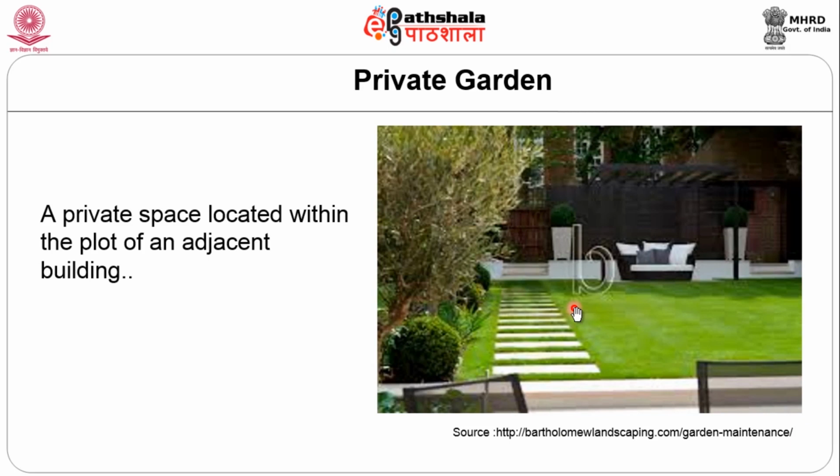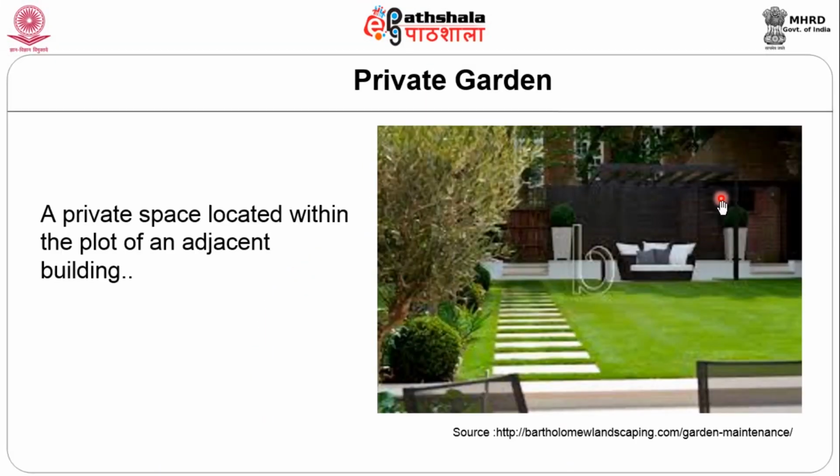Next comes the private garden. So we have seen public plaza, communal garden and private garden. A public plaza is meant for everyone, a communal garden is meant for a community, and a private garden is meant for a single user or a family.